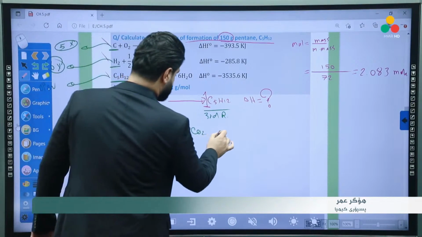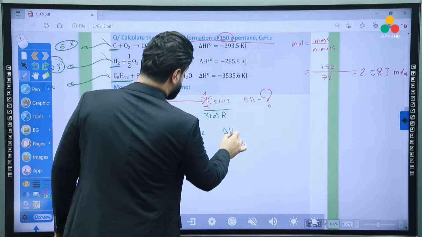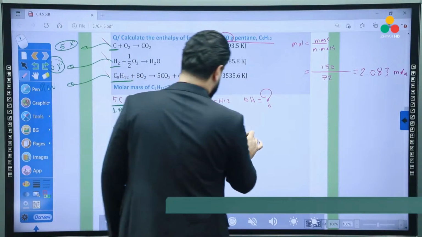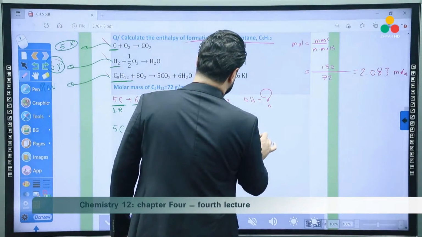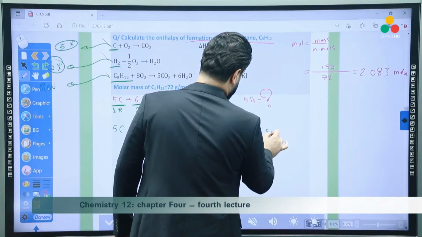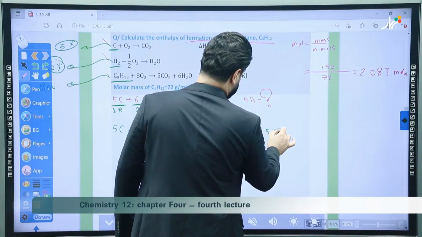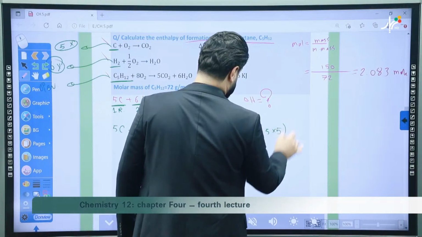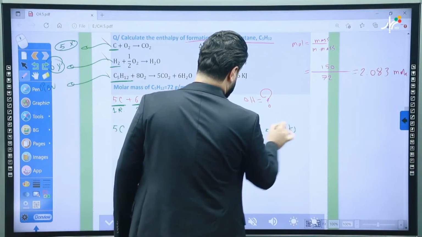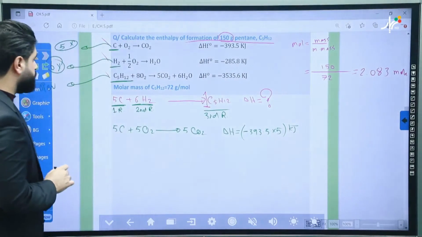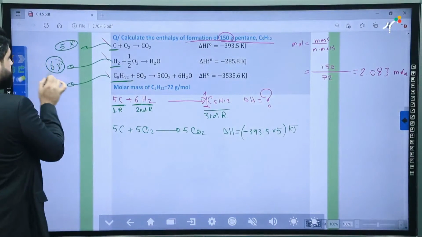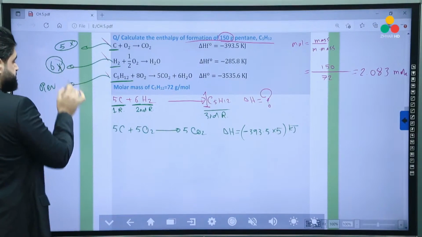And its delta H must be multiplied by 5 also. Negative 393.5 times 5 kilojoules.